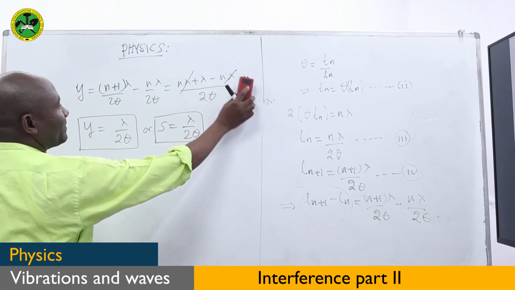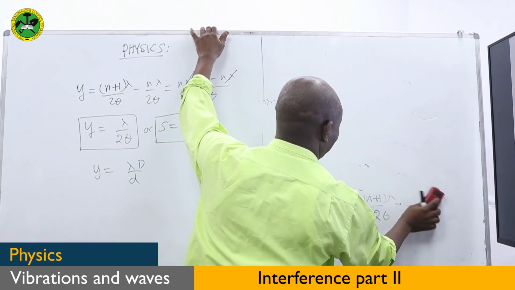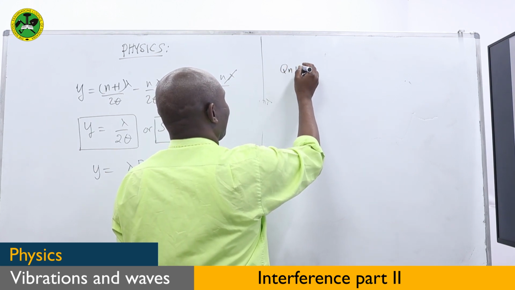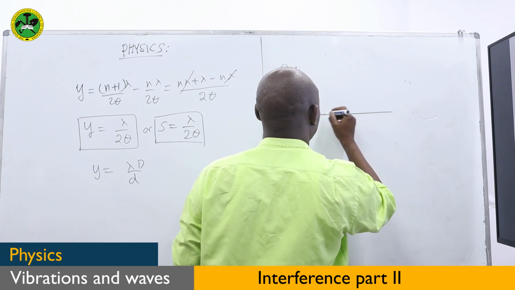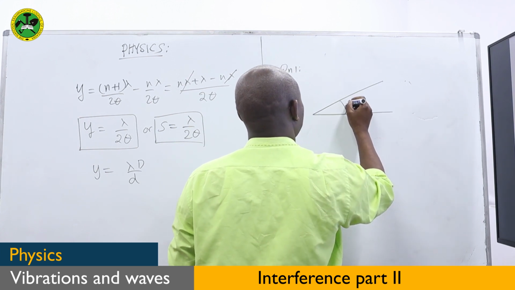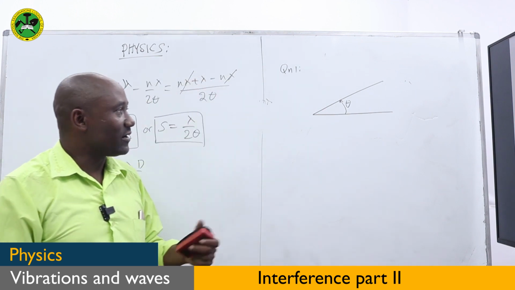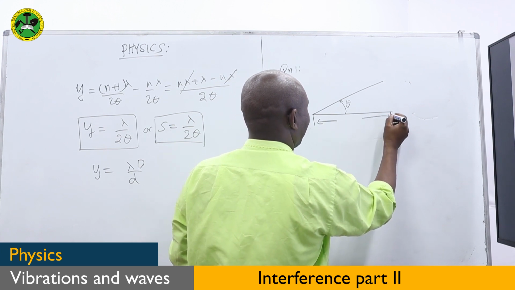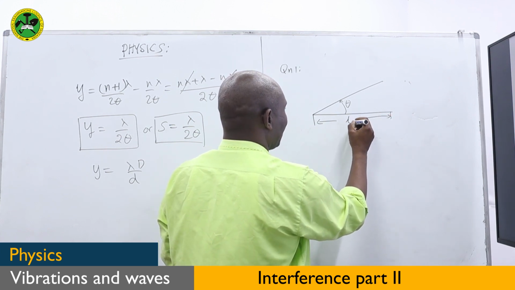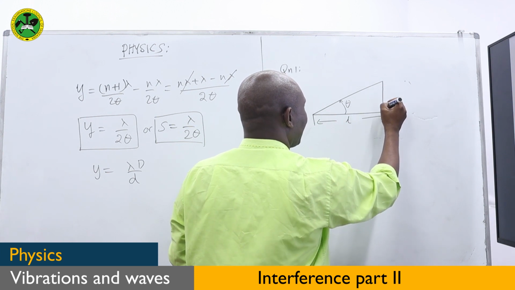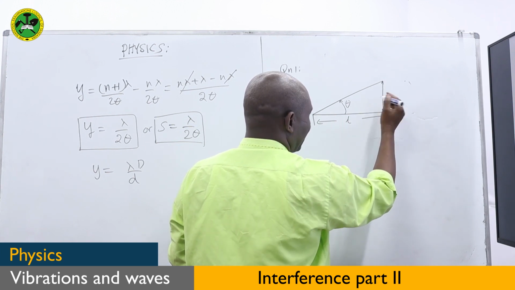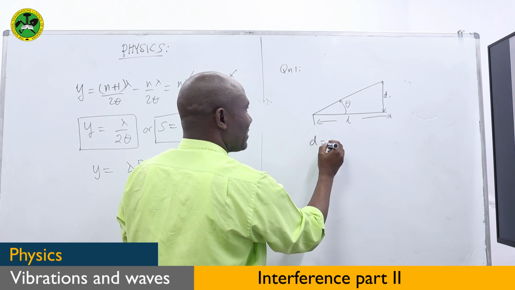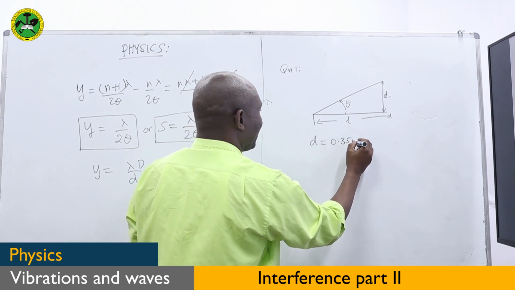Step number 1, you draw. The question is given like that. You're looking for that angle, but the length of the plates is given, and the thickness in between, given as the diameter, is given as D. So here our D equals 0.35 millimeter.